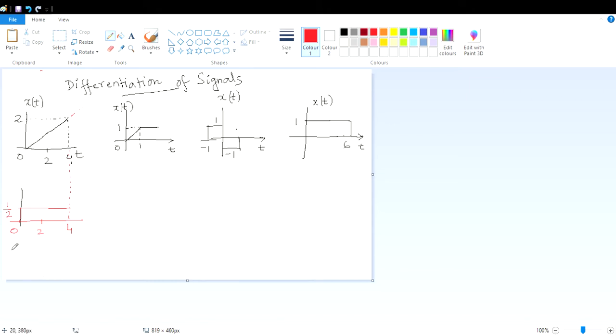What is the formula? Slope of ramp will be equal to magnitude of step. If you don't want to do it in this way, you can use this formula. So what is the slope here? This is 2 and this was 4. So this is basically half. So that is the magnitude here.